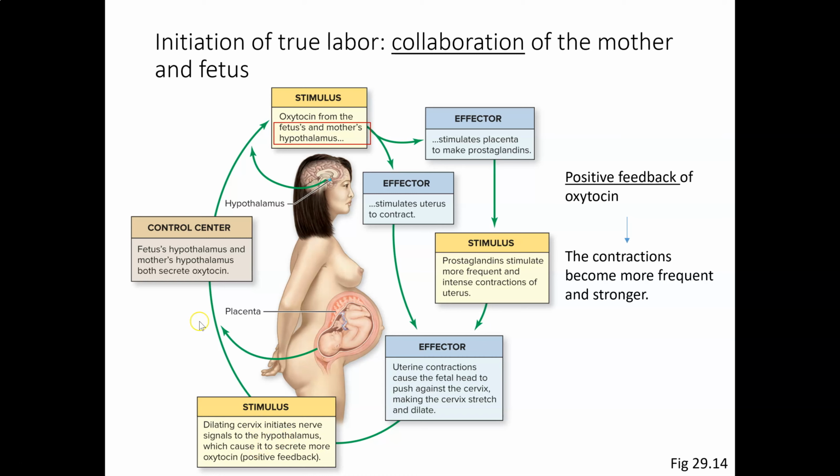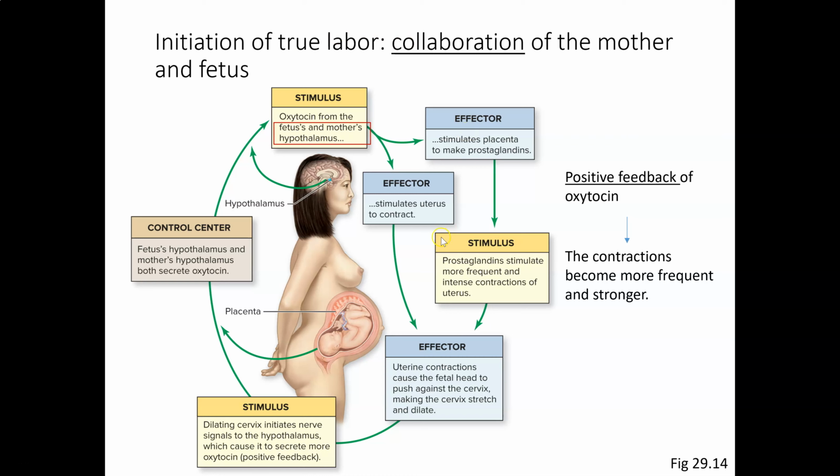And the hypothalamus of the mom has got that signal. The control center is the hypothalamus, and the fetus's hypothalamus, and then both are going to give the signal to the posterior pituitary gland to secrete more oxytocin.